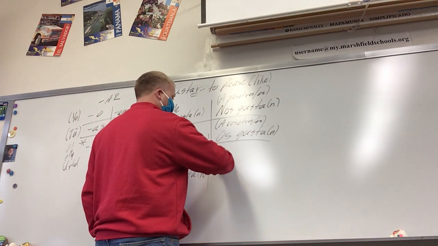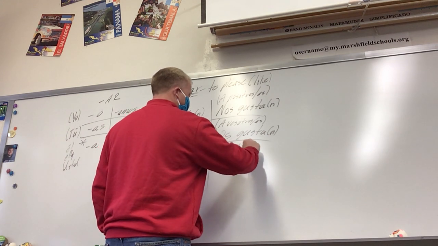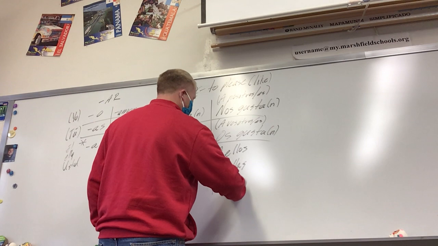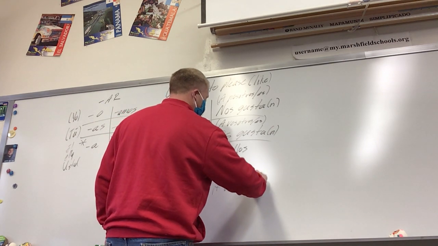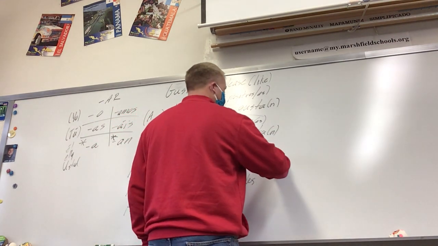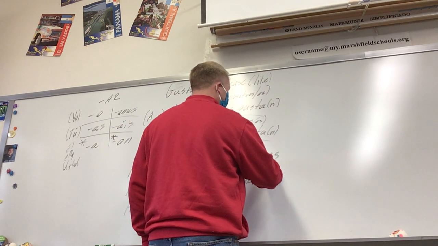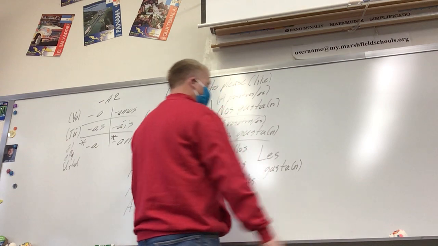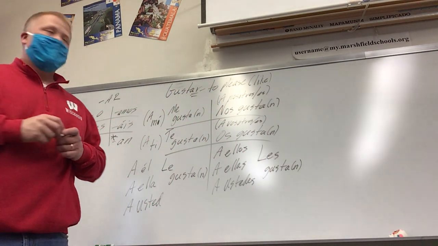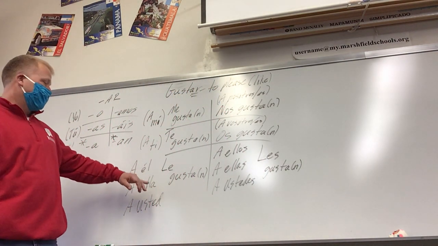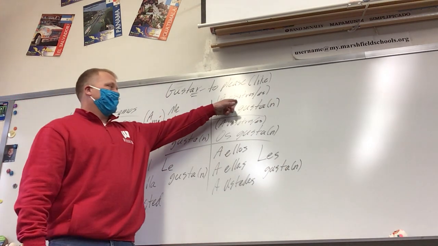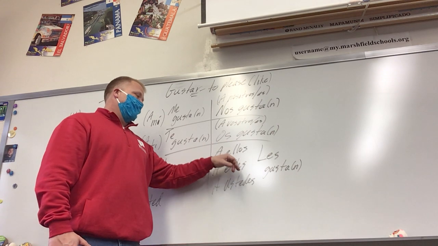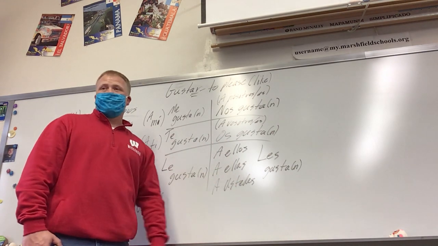Third person plural: a ellos, a ellas, a ustedes, and our gustar phrase is les gusta or les gustan. So notice these subject pronouns are the same: él, ella, usted, nosotros, nosotras, vosotros, vosotras, ellos, ellas, and ustedes.